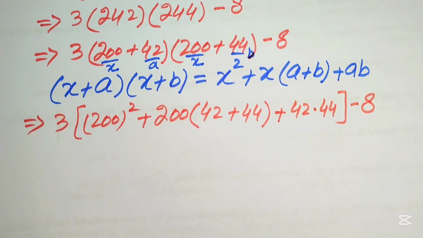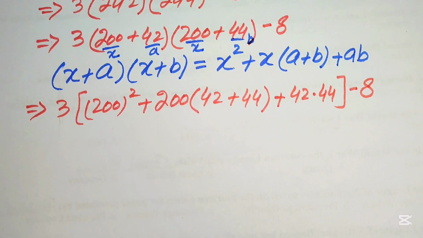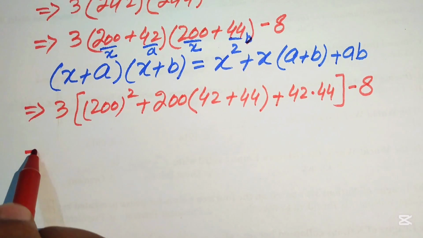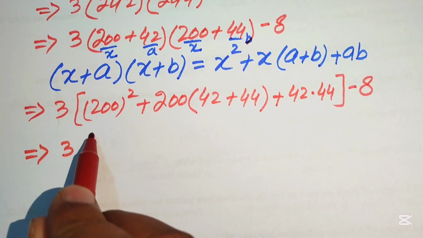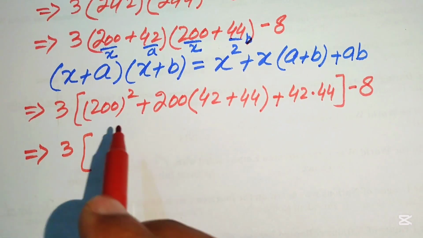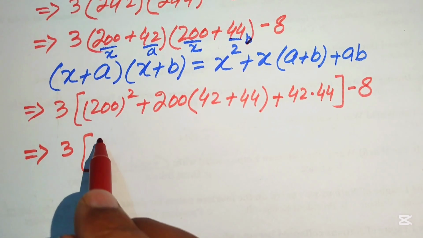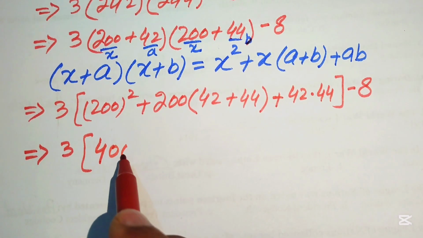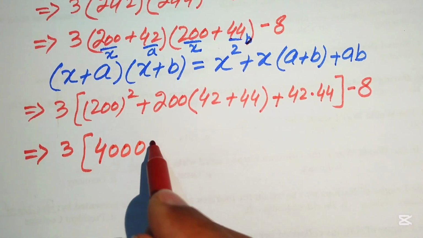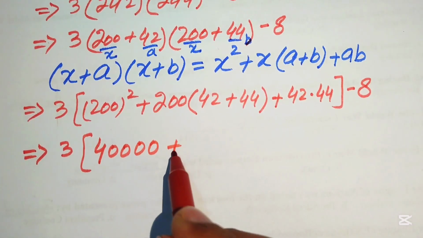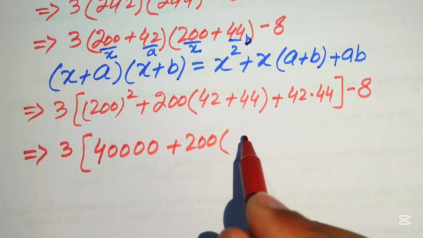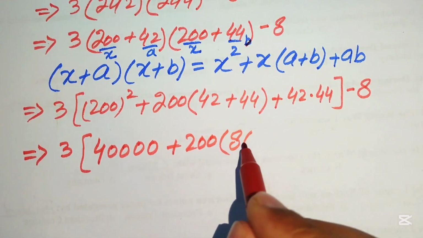This is our minus 8. So here further we need some simplifications. So now here we first expand this 200 square. So we know that the square of 2 becomes 4 and the square of 0 means we can just double these zeros. So these are two zeros. After taking square it will become 4 zeros.